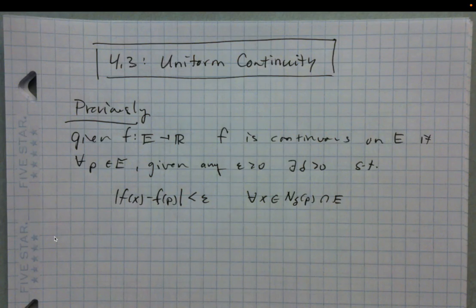That was the definition we gave of continuity in our previous lecture.